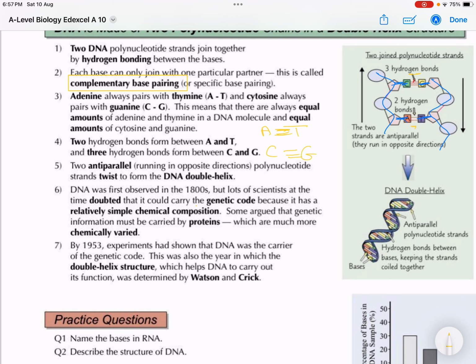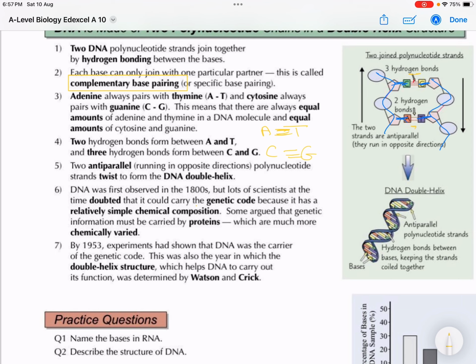I hear some of you asking, why are there 3 hydrogen bonds between cytosine and guanine, while there are only 2 hydrogen bonds between adenine and thymine? Because the chemical structure is different, guys. Those who are with me in chemistry, okay, hydrogen bonds form between hydrogen and either oxygen, nitrogen, or fluorine.